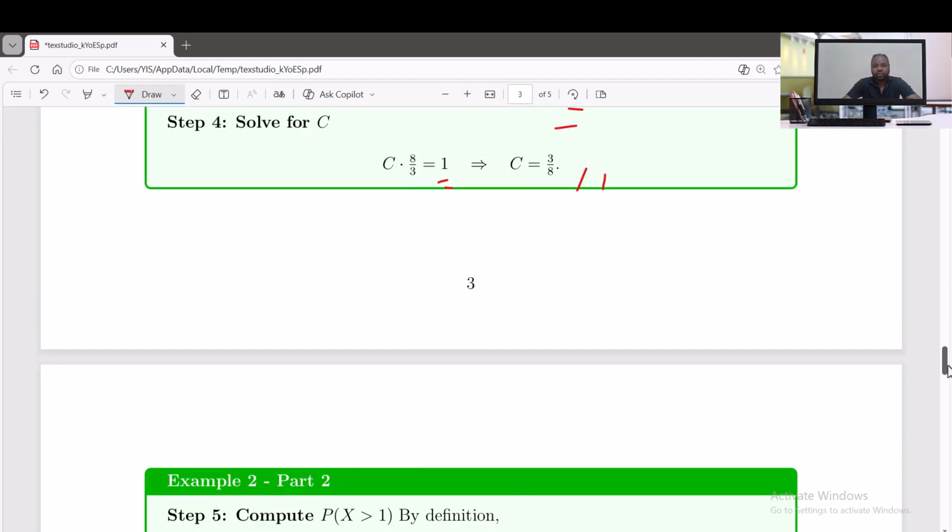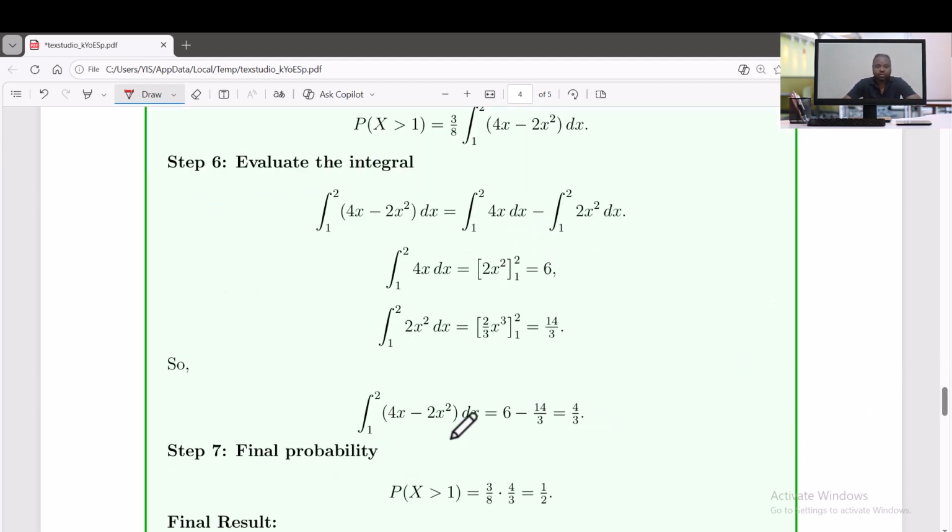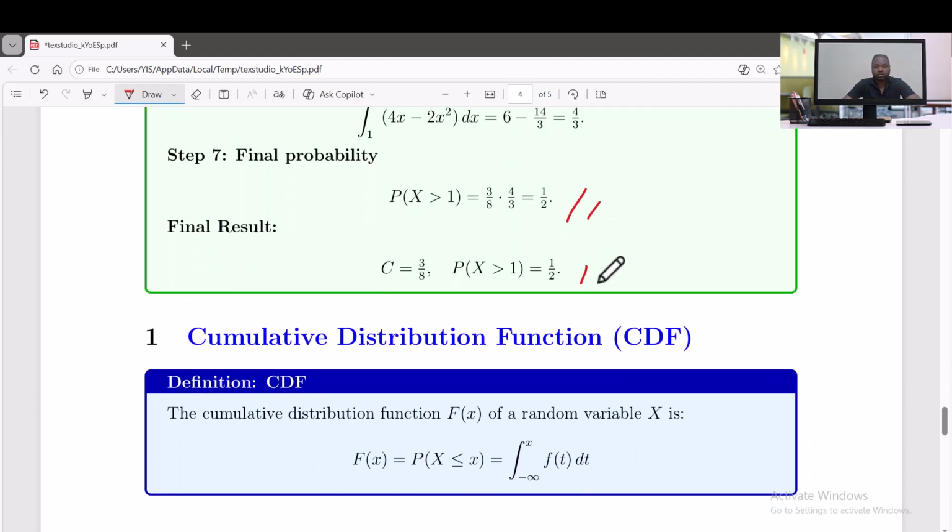Having found this value, we can proceed to compute the probability of x greater than 1. This is simple. The probability of x greater than 1 is, right, we evaluate this integral from 1 up to 2. After integration, at the end of the day we come up with 1 over 2. So the probability of x greater than 1 is 1 over 2.